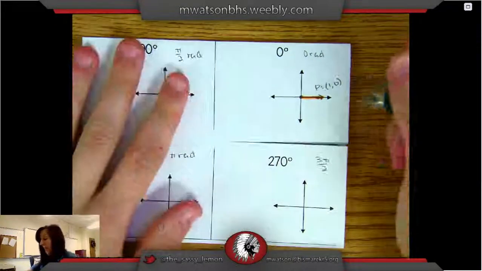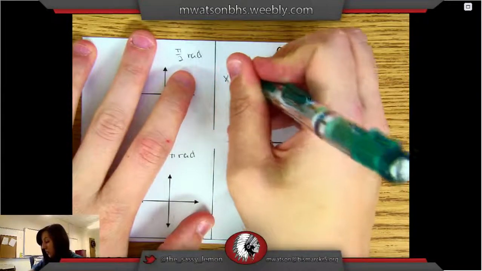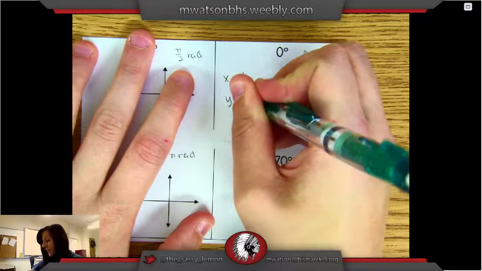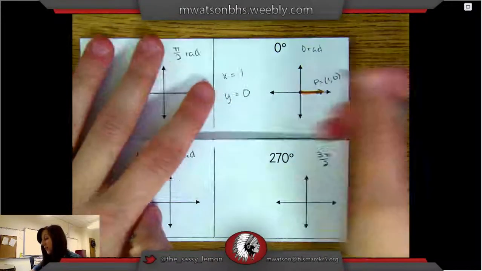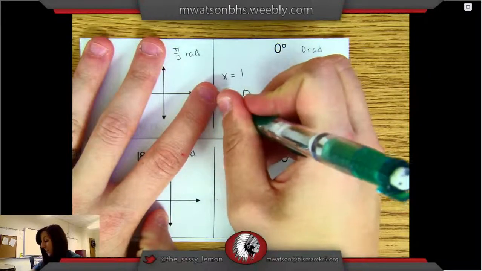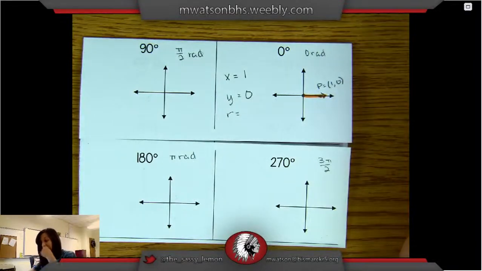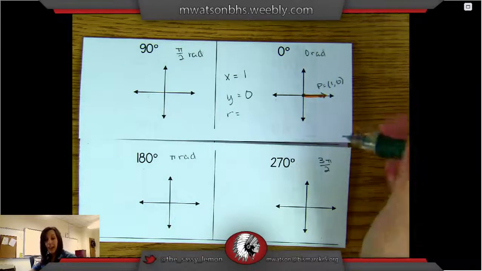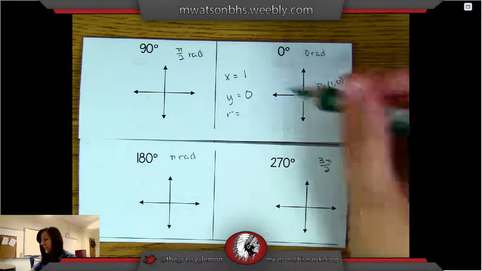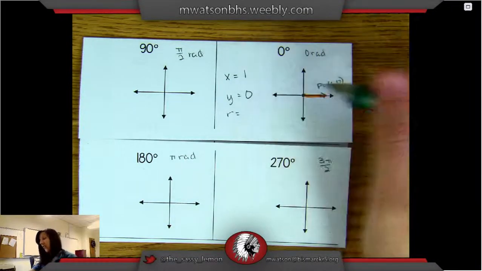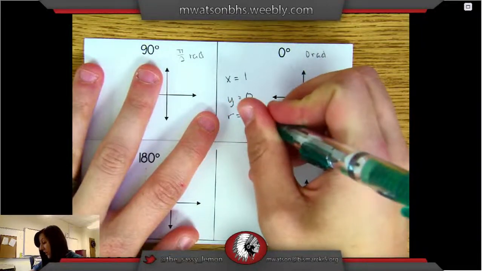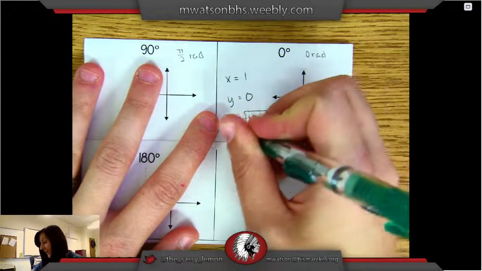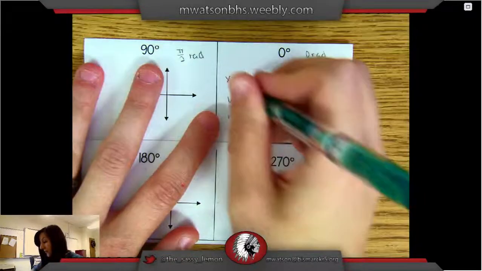Now we have our x, it's 1, we have our y, it's 0, and we can calculate our r using that formula that I gave you. Even though we don't have a triangle, r can be calculated from x and y. Even though we can't see it, it's still there. So we're going to do the square root of 1 squared plus 0 squared, so r equals 1.